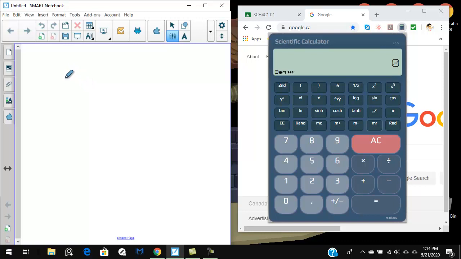So we would end up having to take 2.5 moles. I'm not going to write out the whole formula, but we'd take 2.5 moles times the number of particles in a mole, 6.02 times 10 to the 23rd.